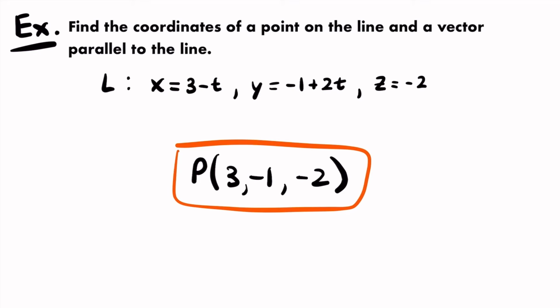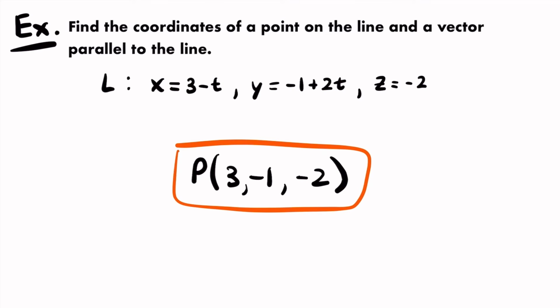Now, on the other hand, if we want to find a vector parallel to this line, that's going to be a vector that involves the direction numbers, or in other words, the coefficients of those terms with the parameter, right? Maybe I should have written this down to start.